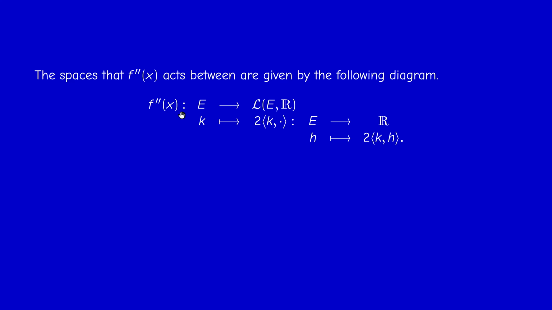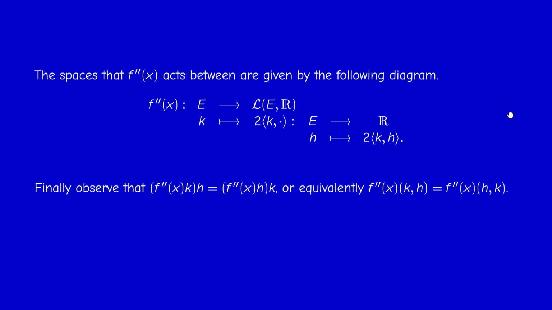And when I apply f double prime to k, I get this partial map. Okay, so this is what I call L of k. L of k itself is a map from E to R. Okay, so this representation may be useful actually. So we can think of f double prime as this complicated map from a normed space into a space of linear maps. This is, by the way, the dual of E. Or simply as just a bilinear map from E times E into R. Okay, you choose the interpretation that you like.